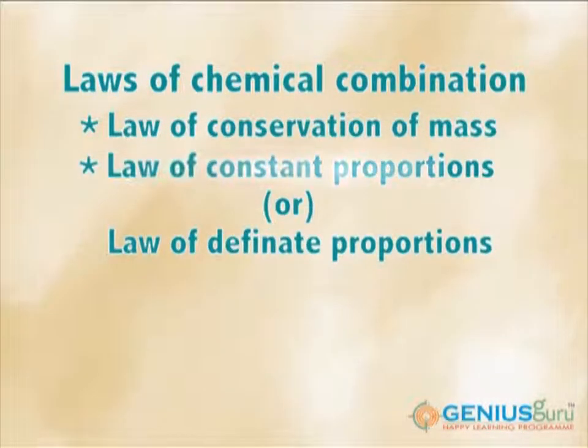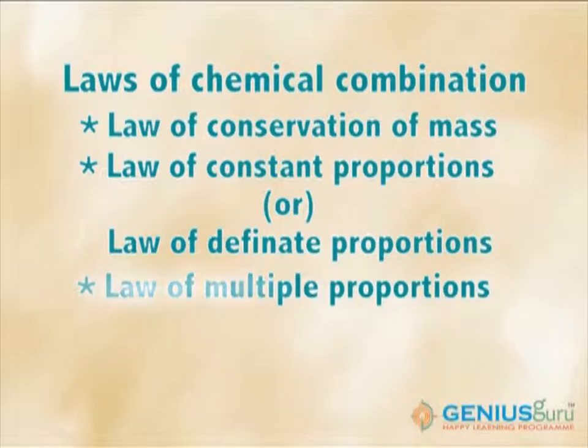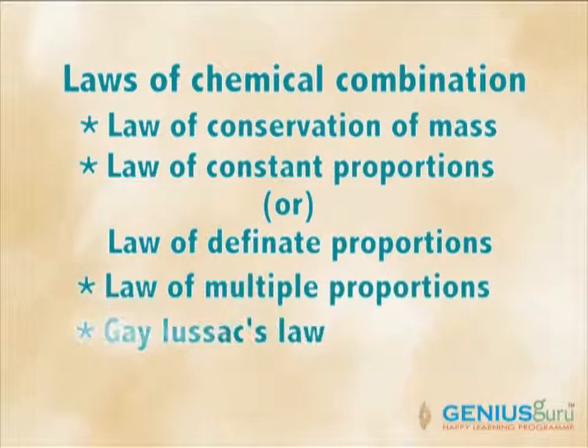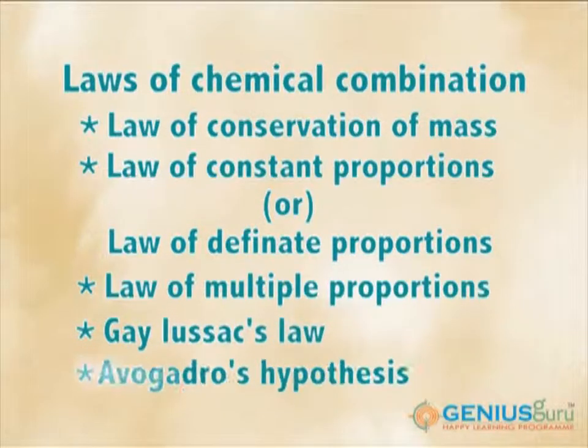Second, the law of constant proportions, otherwise called the law of definite proportions. Next is the law of multiple proportions. Next is Gay-Lussac's law, and the last one is Avogadro's hypothesis. Based on these laws, chemical reactions were introduced by the scientists.